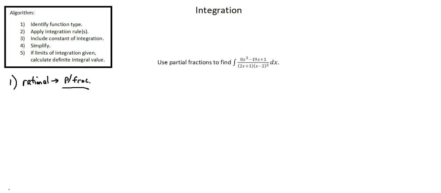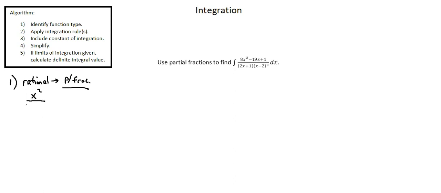Before beginning the process of partial fraction decomposition, I need to be sure that I'm dealing with a proper fraction, which means that the degree of the numerator is less than the degree of the denominator. Looking at the numerator, the highest degree of the variable is x squared.